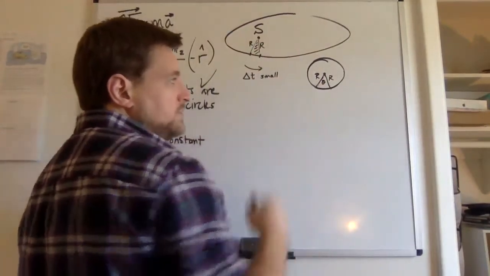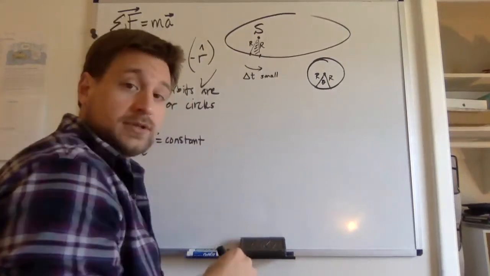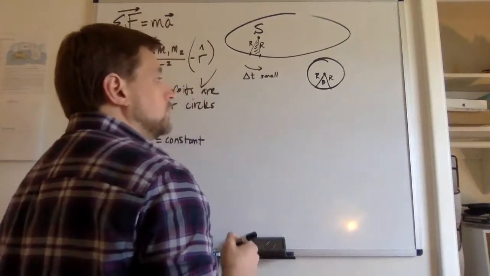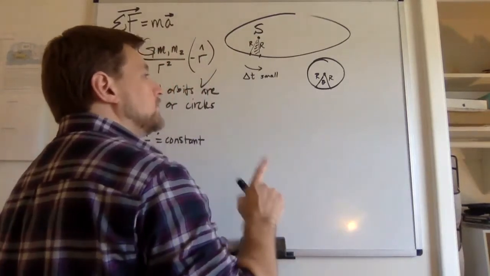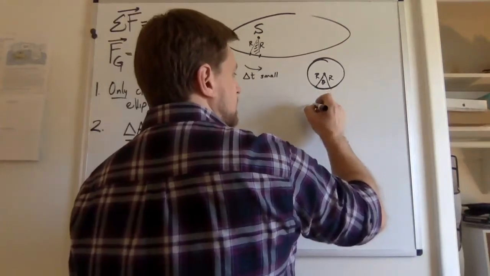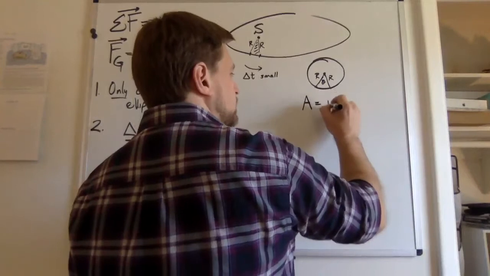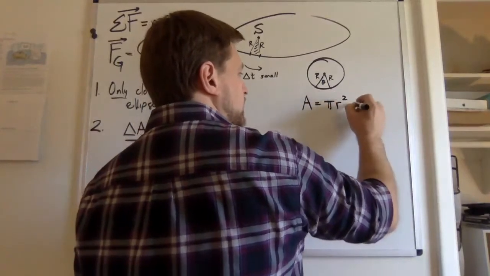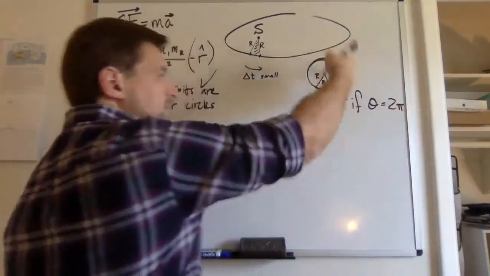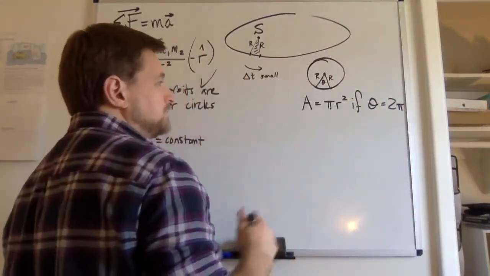And we know the formula for the area of a sector, or at least I think we do. Well, we know the formula for the area of an entire circle. So we know the area is equal to pi r squared if theta is equal to 2 pi, right? If the central angle is the entire circle, then the area is pi r squared.